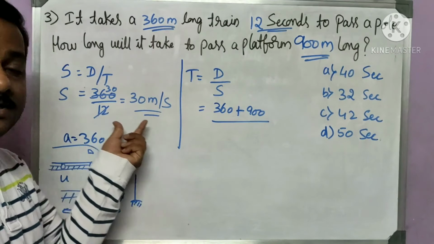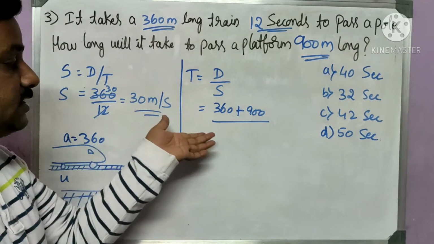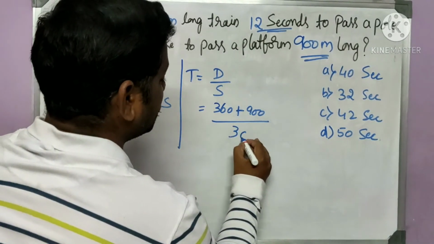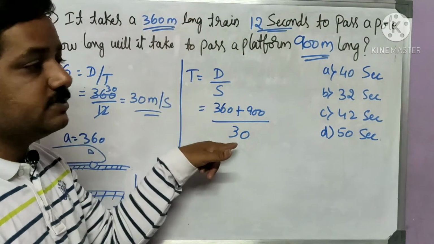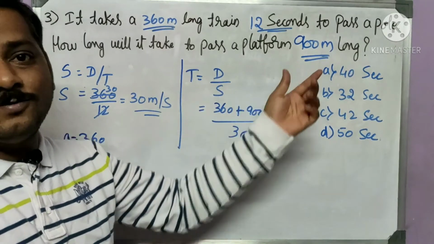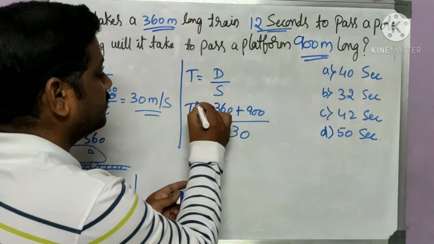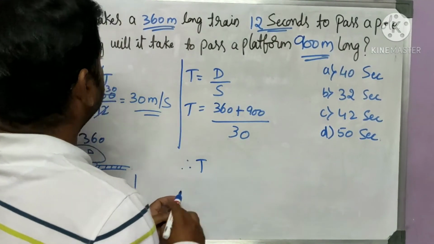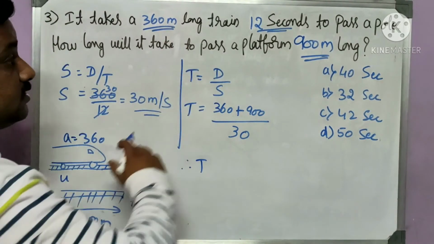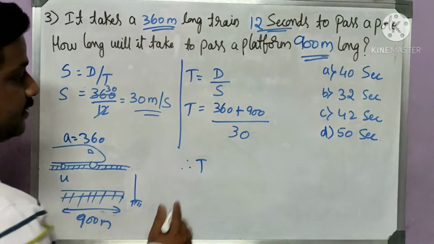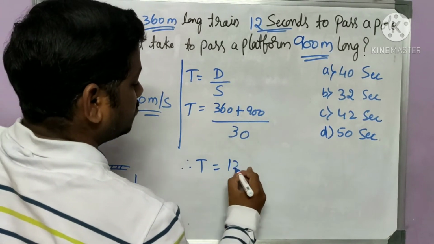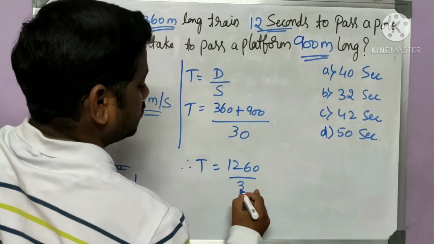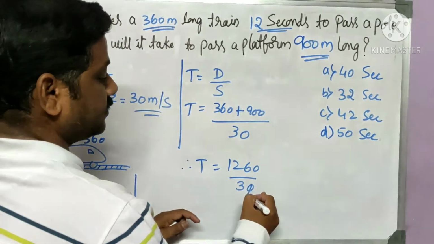So speed is already calculated here. Speed of the train is 30. So using the first information, I got speed, and I am using that information here to find out the unknown parameter, that is time. So therefore, the time taken by the train to cross the platform of 900 meter long will be, so simplify this, so this is going to be 1260 by 30. 0 0 get cancelled.